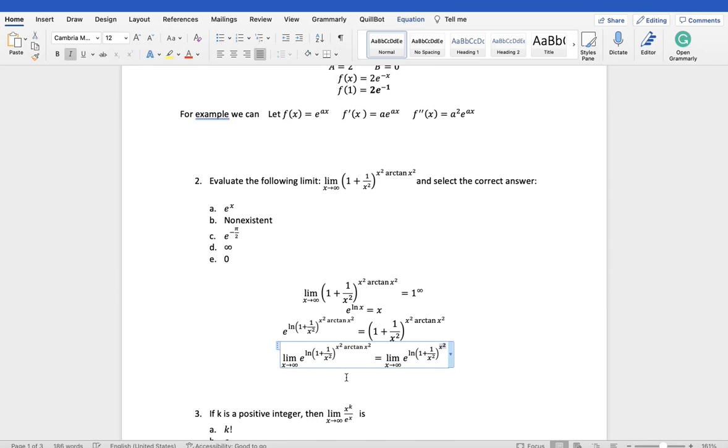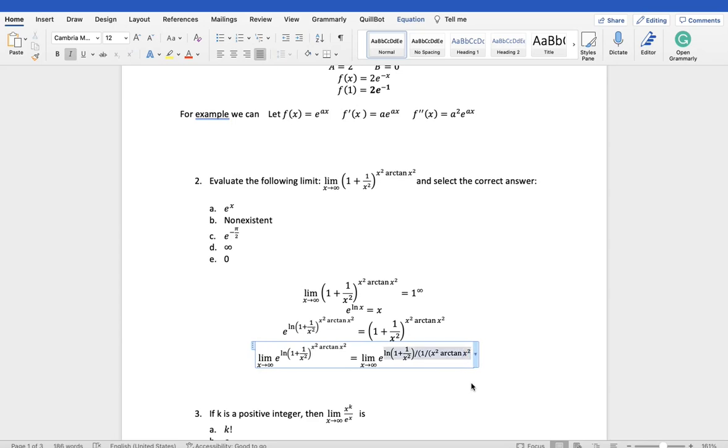So this exponent would, all right. You would get that, and then this whole thing would be divided by 1 over x squared times arctan of x squared.